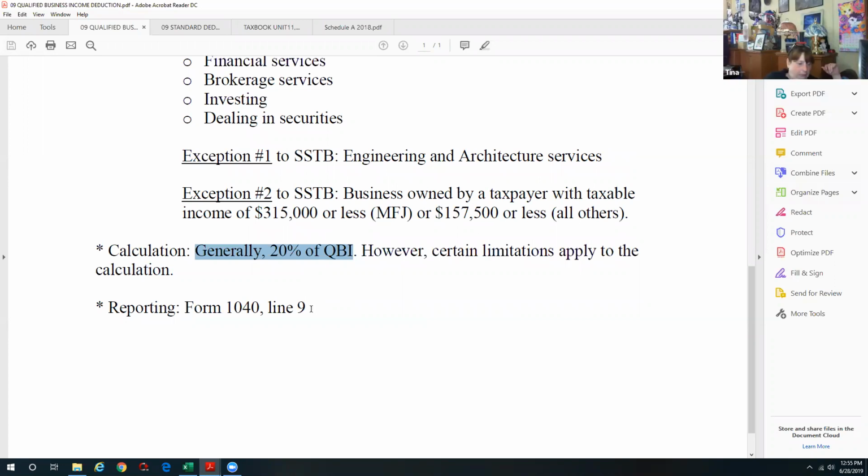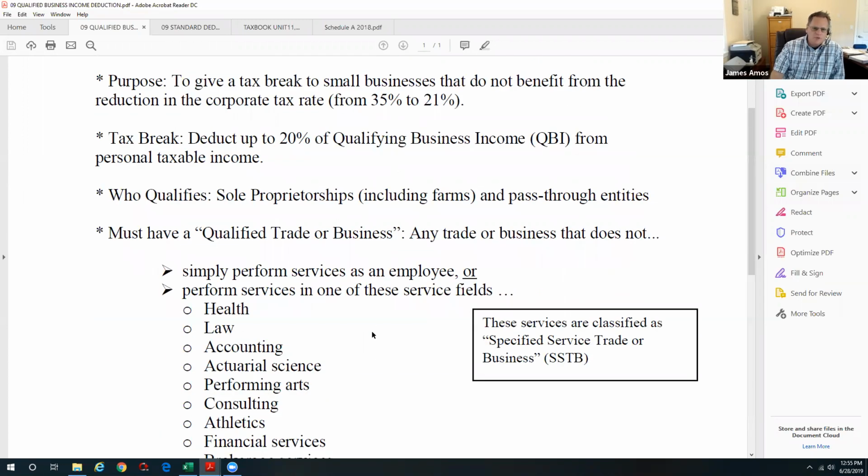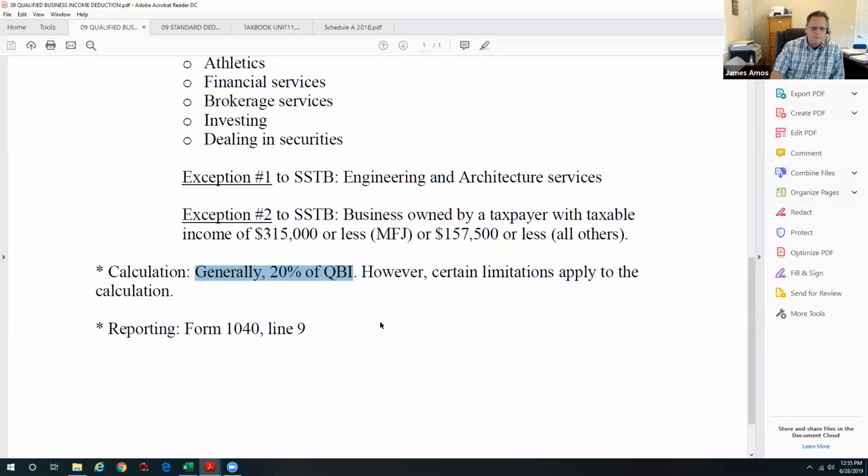And rather than memorize them, just know they apply, because I can pretty much guarantee you this: if you memorize what's on this one page, you'll be able to get this right and answer any questions on the test. So where do you report this? On Form 1040, line 9. So any questions about QBI? Nope.